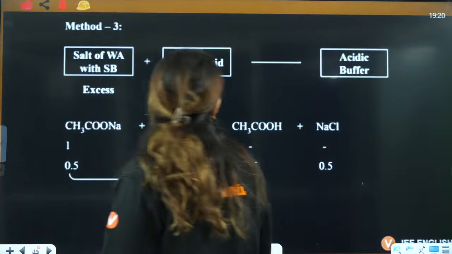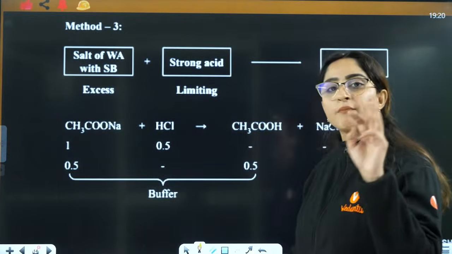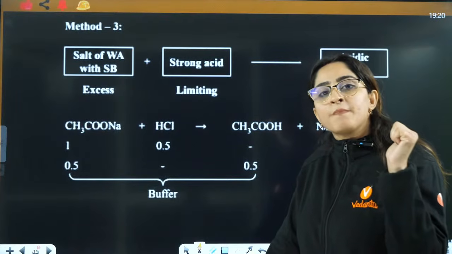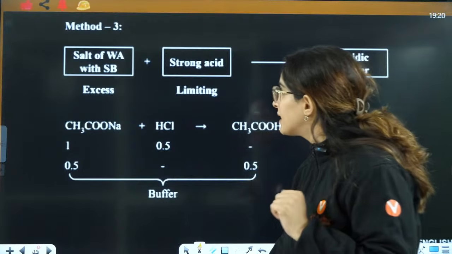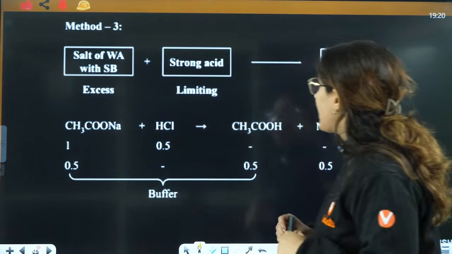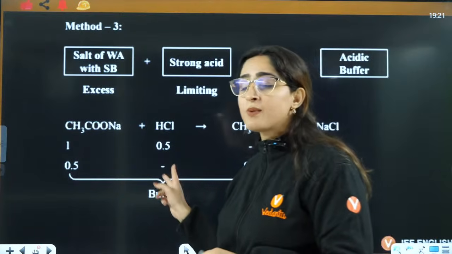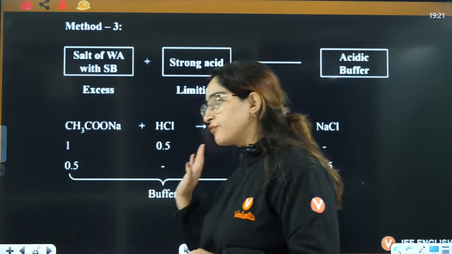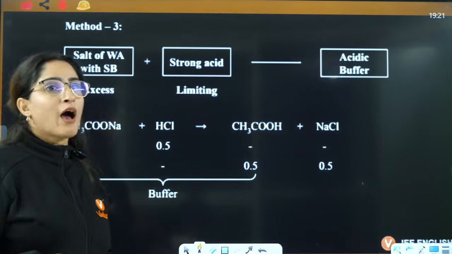Then there is method number 3 of preparing this acidic and basic buffer. Now something really weird they are talking about, where most students get confused. They are not talking about having a weak acid.